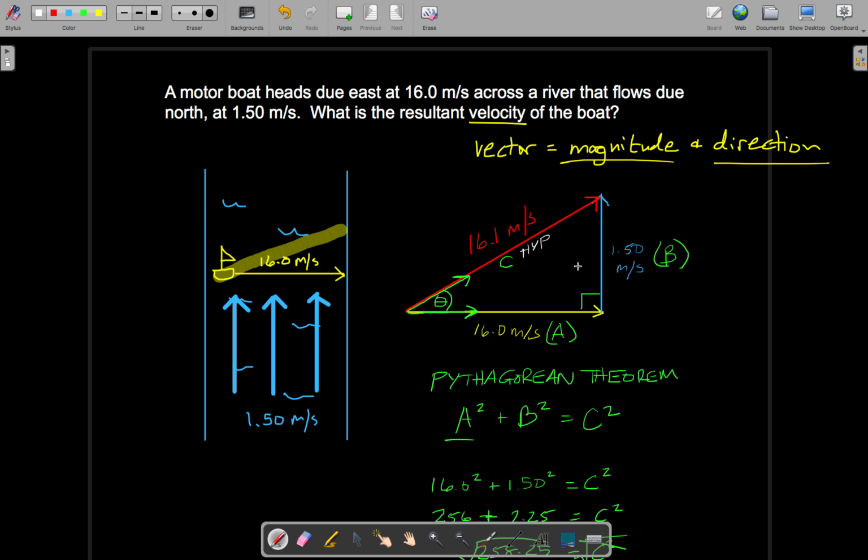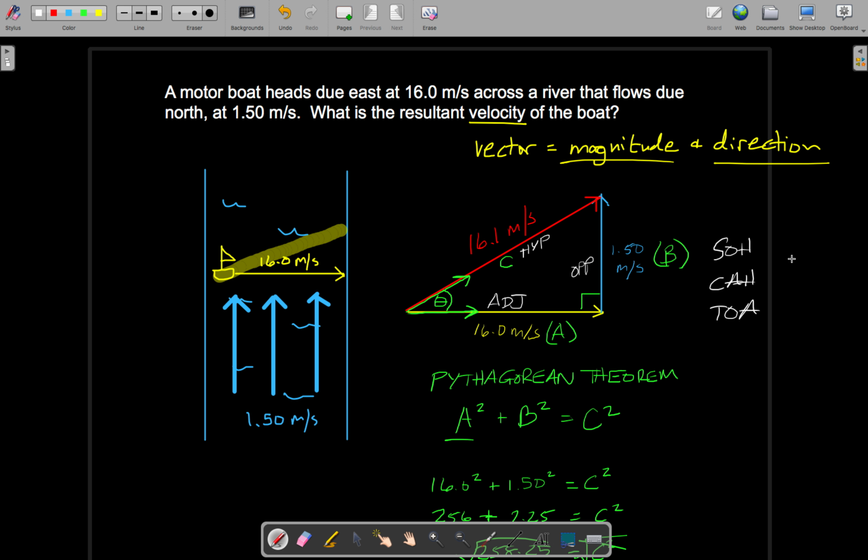The 1.50, that's your opposite because your opposite is the side that's opposite of the angle. And then the 16.0 meters per second side that's touching the angle, we'll call that one the adjacent. And if you know your trigonometry mnemonic, we're going to use SOHCAHTOA.